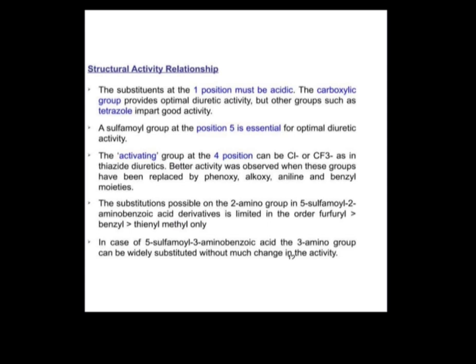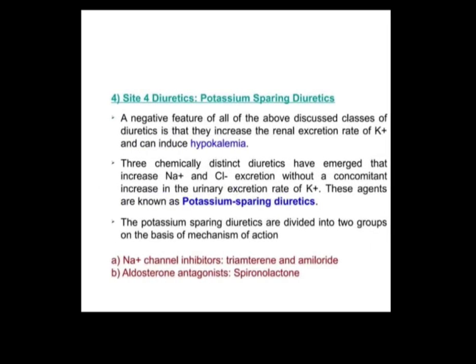Better activity is observed when these groups are replaced by phenoxy, alkoxy, anilino and benzyl moieties. The last one, in the case of 5-sulfamoyl 3-aminobenzoic acid, the 3-amino group can be widely substituted without much change in the activity.